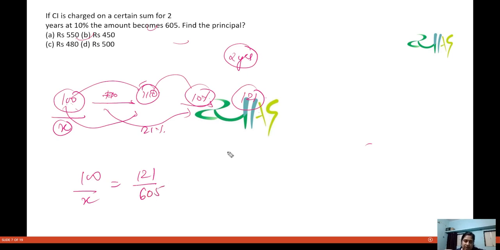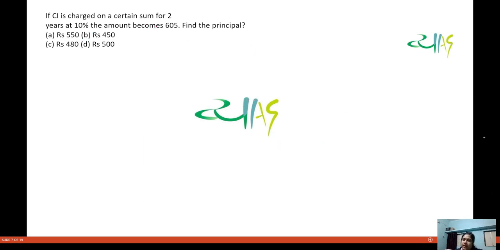You can do this as well. So this will become 100 into 605, and this will become 121 into x, and obviously now you can find x here. So I hope you are clear with this thing.